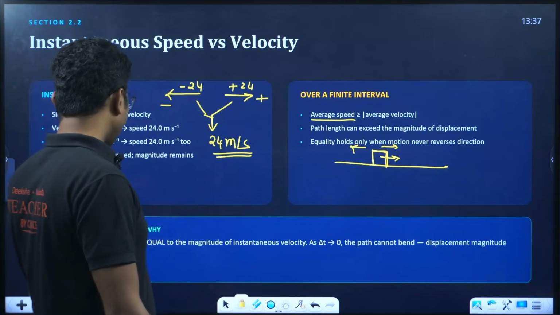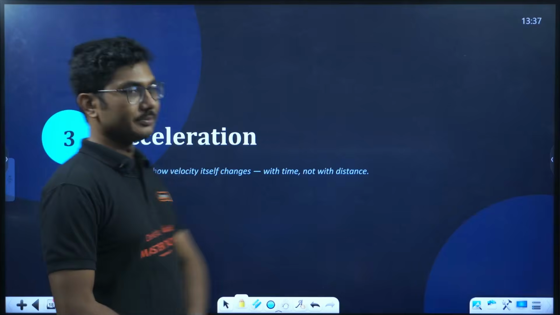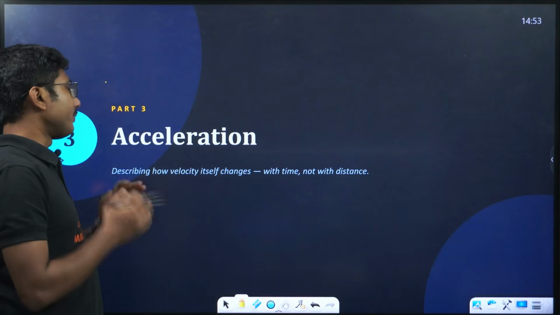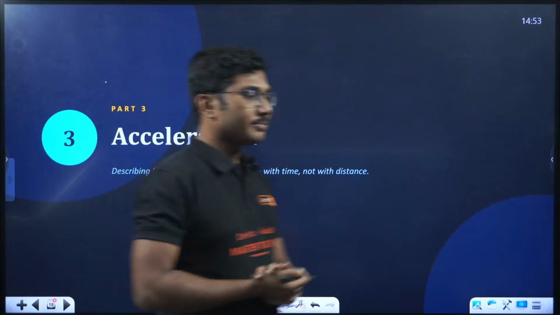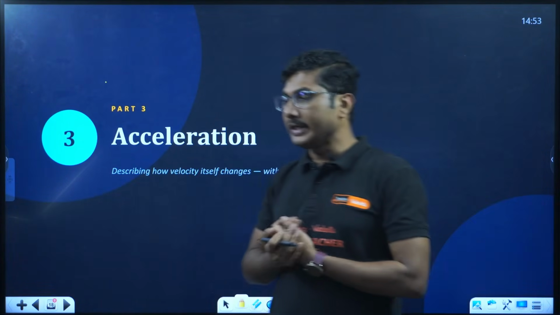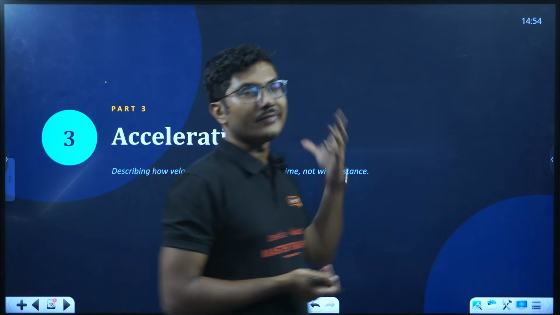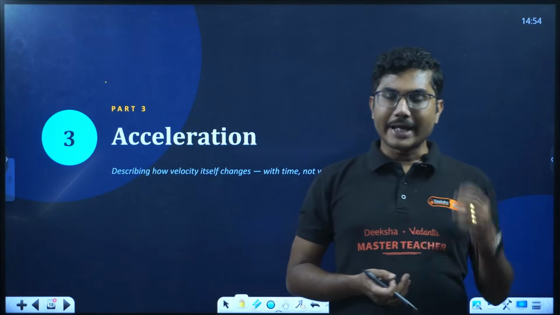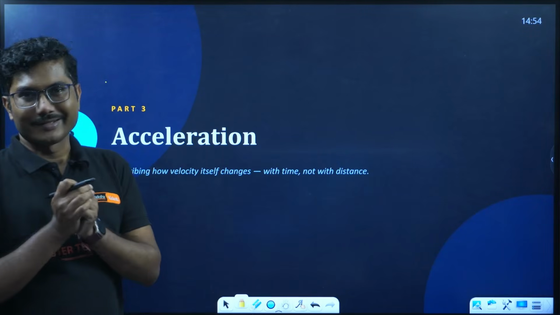Okay, let's move on with the next part, that is acceleration. Now in part 3 of the session, I am going to discuss acceleration. Acceleration basically means the change in velocity, the rate of change of velocity. How fast the velocity is changing can be measured with respect to time or with respect to distance.